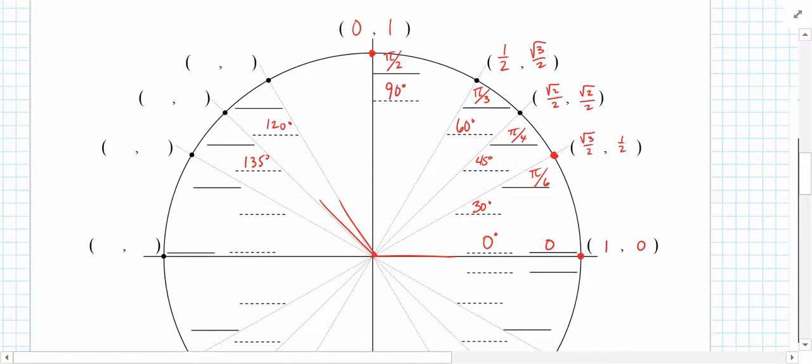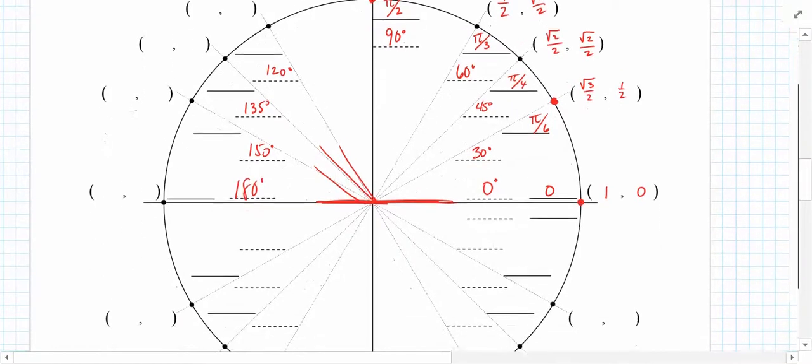And this angle measure down here is 60 degrees beyond 90, which makes it 150 degrees. Of course, by the time we reach the x-axis again, we're now looking at a 180 degree angle measurement.